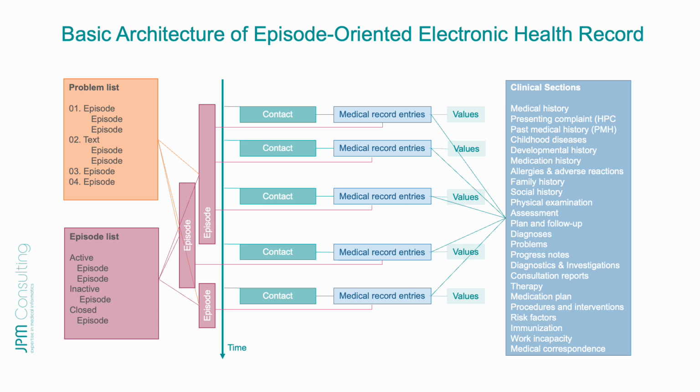Third, the content dimension is an episode of care. This is one distinct health problem or diagnosis. Clinical information is captured as medical record entries, and each entry is linked to a contact, a clinical section, and an episode of care. The episode list can be generated automatically.